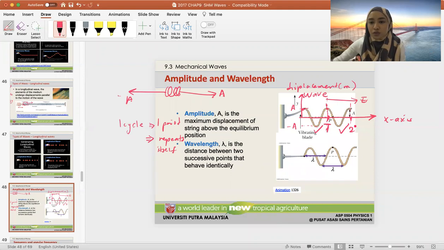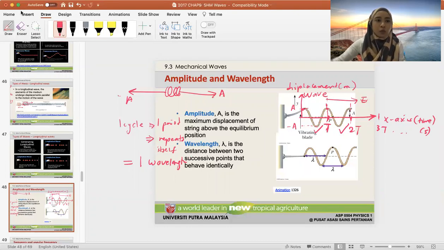This is 2 periods, and then so on, 3 periods, and so on. Okay, so this is if the x-axis is in time, seconds, right? How do I relate this to wavelength? This is a new term for you. One cycle or one period is also equal to one wavelength.